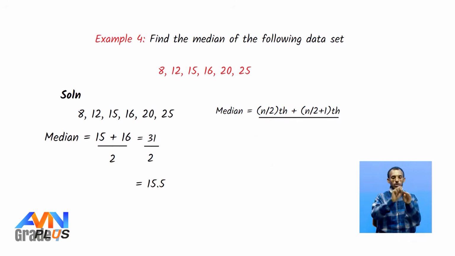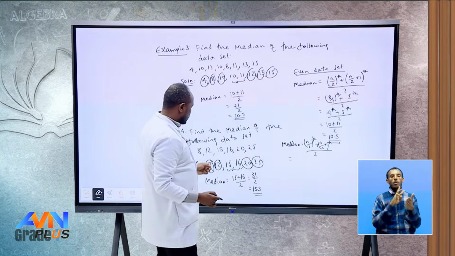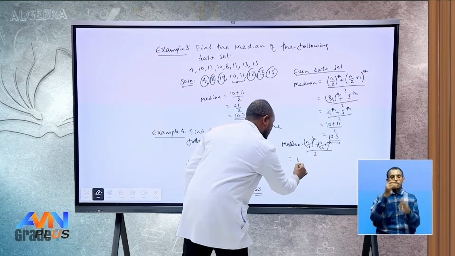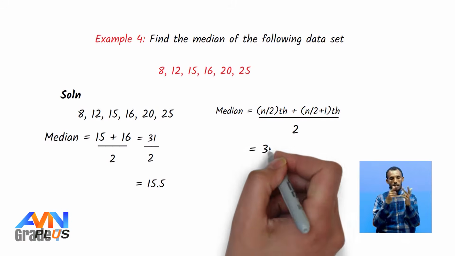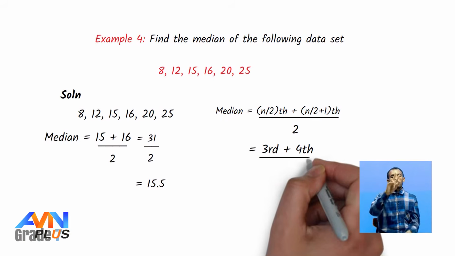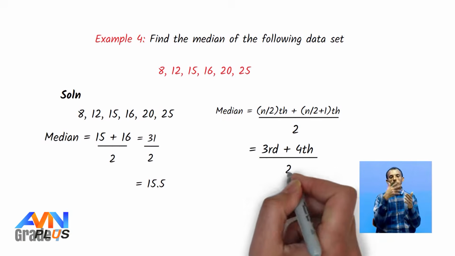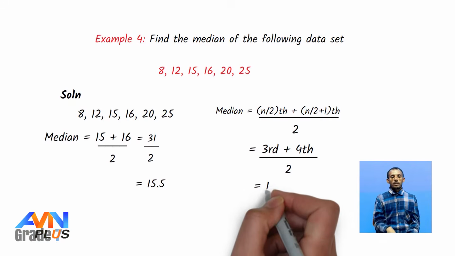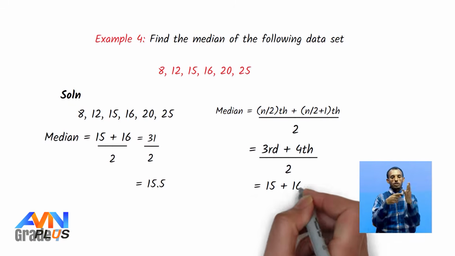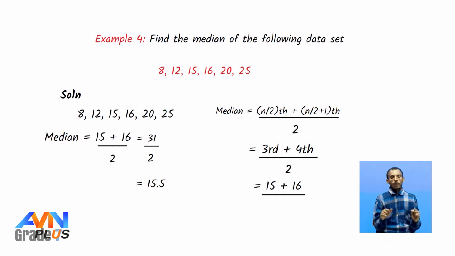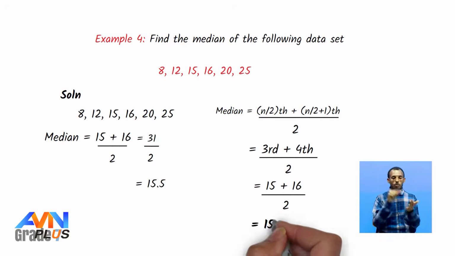So n over 2, here we have how many data? 1, 2, 3, 4, 5, 6. 6 over 2, that's the third item, and the next item is the fourth item, divided by 2. Therefore, the third item here is 1, 2, 3, 15, plus the fourth item, 1, 2, 3, 4, is 16, divided by 2. You will have 15.5 as the final answer.